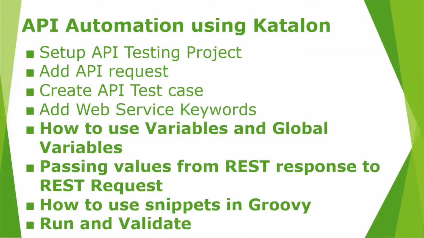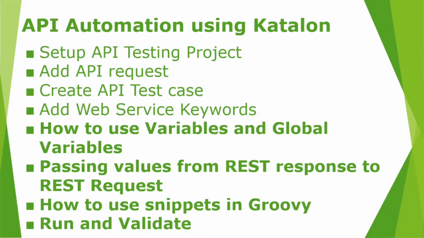Okay, so in this lesson, I'm going to concentrate on how to use variables, and how we can use global variables in automating the API request messages. And also I'm going to teach you how we can pass values from the REST response of one REST request to another REST request.